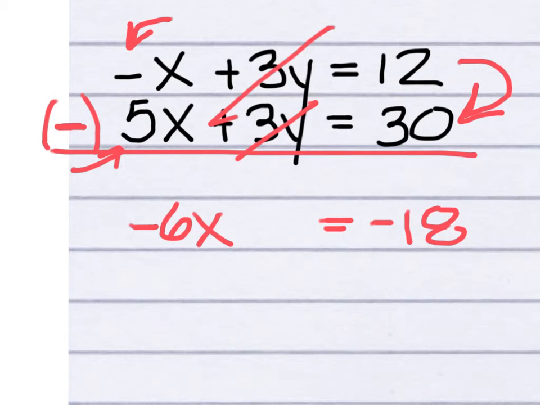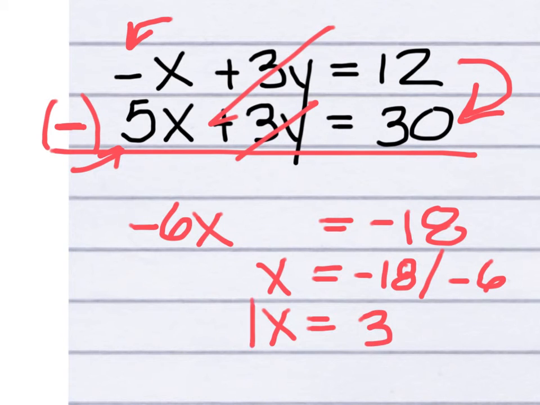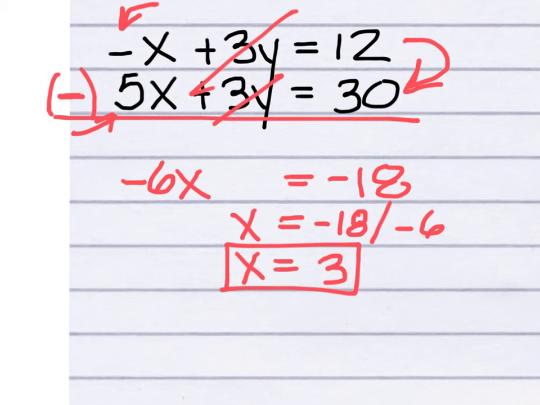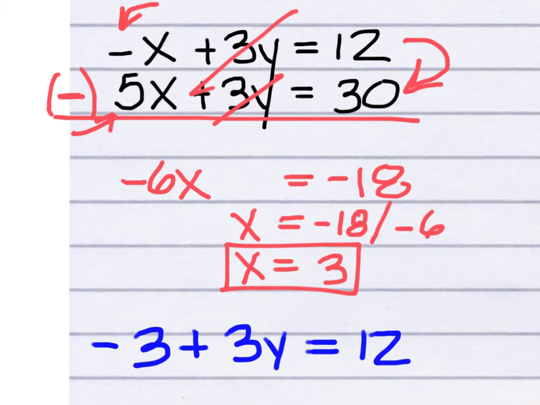If you did this by elimination of the x's by multiplying the top equation by 5, that's fine too. You can still get the right answer. But x in this case would be 18 divided by -6, which is a positive 3. We can plug that 3 back into the top one to get a -3 plus 3y equals 12.